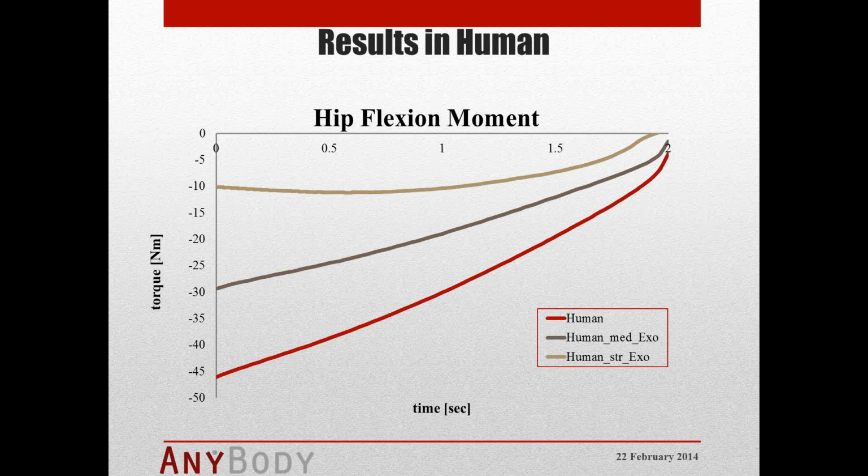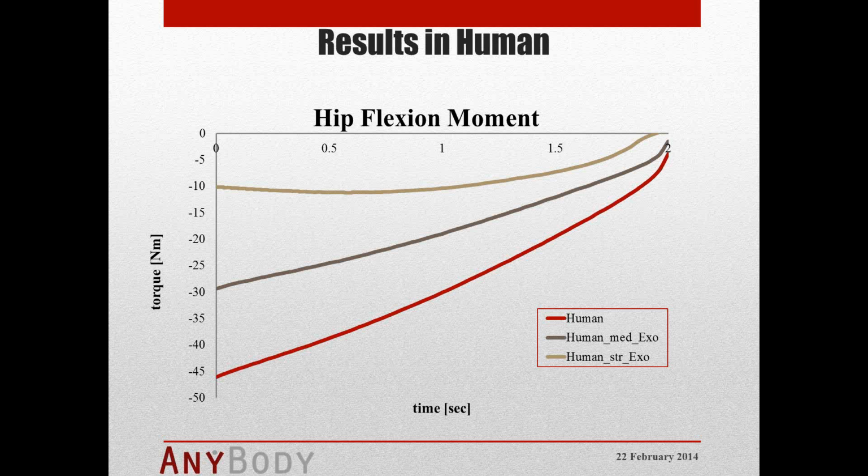If we add the exoskeleton with medium strength, this gray line in the middle, it starts at 30, so we have a decrease of more than 15 Newton meters, and it also goes down almost to 0. And if we take our other exoskeleton, the one with strong actuators, it is a lot more reduced. We are at 10 Newton meters over the 2 seconds of this sit to stand motion.